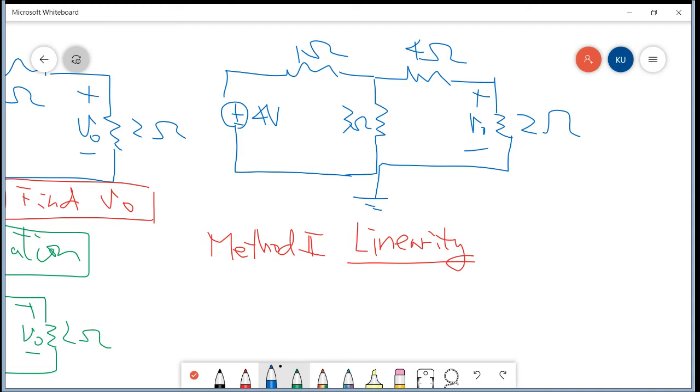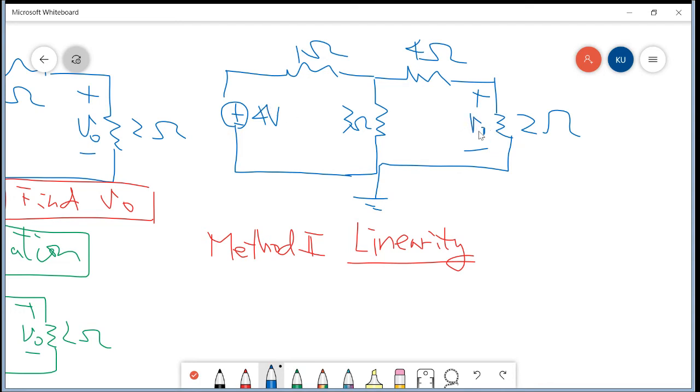So actually, we want to find VO, but we need some calculation. Well, the point is, for this circuit we have one source. Suppose the source is 4 volt.